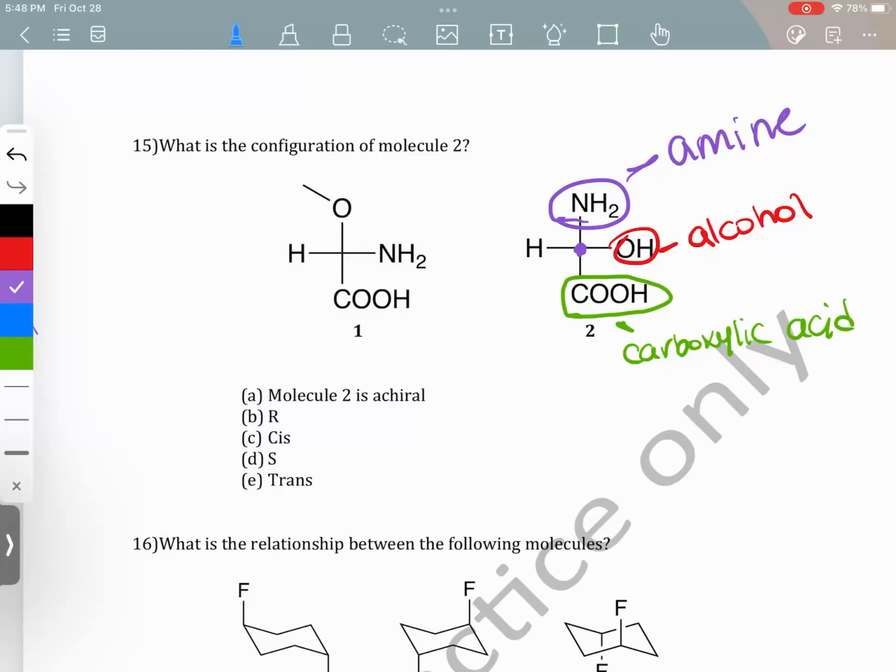The amine with a lone pair? So actually, what will have higher priority would be your carboxylic acid.